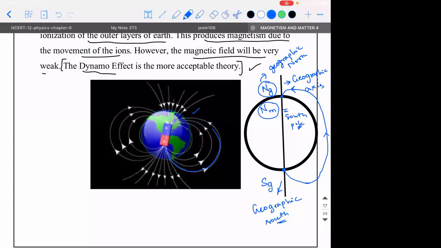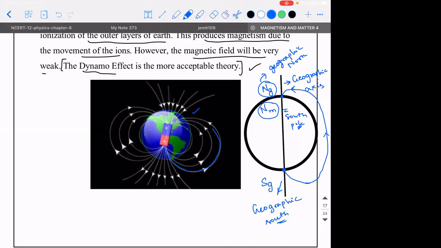There is a confusing factor. In many books you will get confused if you read it, so I repeat it again. The magnetic pole which is close to the geographic north, I'm not saying the pole which exactly coincides, that will not happen, is actually the magnetic south.